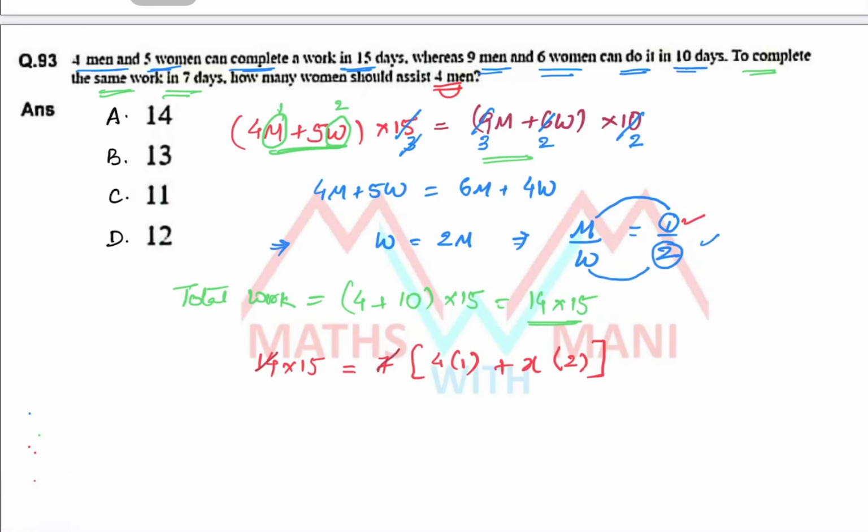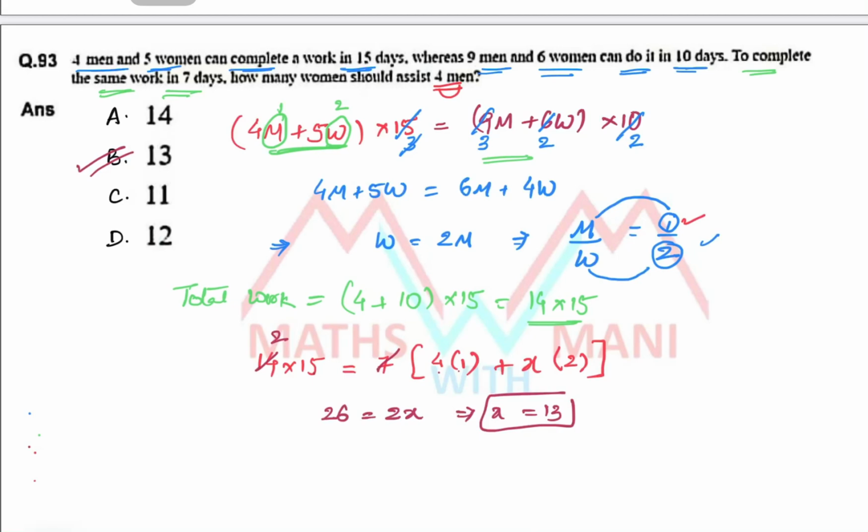Now with this you can easily find the value of x. 7 ones, 7 twos, 15 into 2, 30. 30 minus 4, 26 is equal to 2x. So what is the value of x? 13. So 13 women can be assisted to complete the same work with 4 men. This problem is very important.